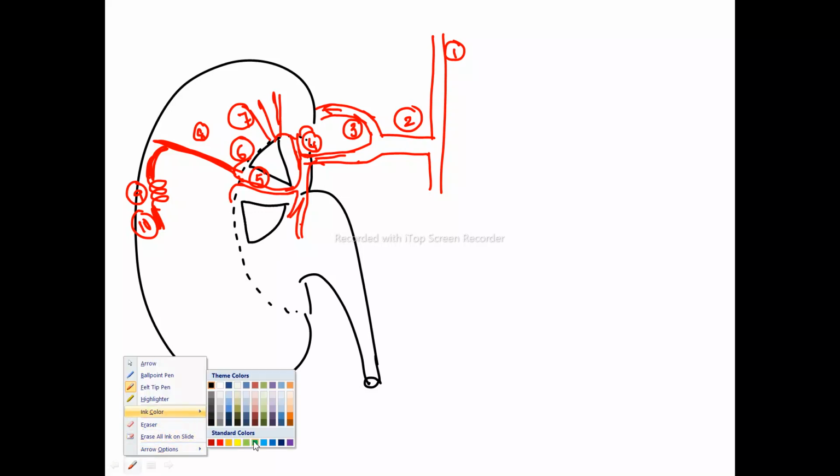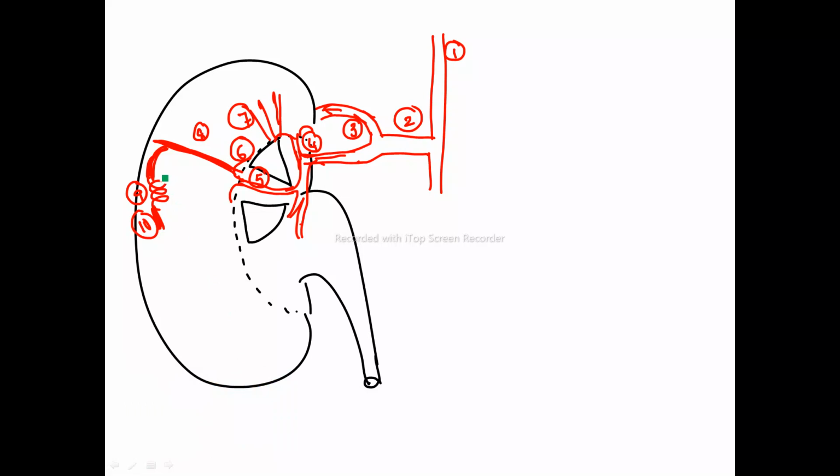Now, the nephron I'll be drawing with green color, and we know the nephron part over here will be the Bowman's capsule, isn't it? So this is our Bowman's capsule, and from the Bowman's capsule the next structure will be, yes, proximal convoluted tubule.